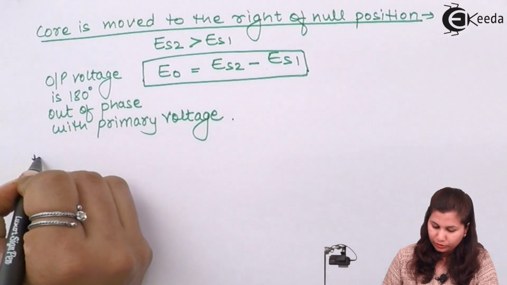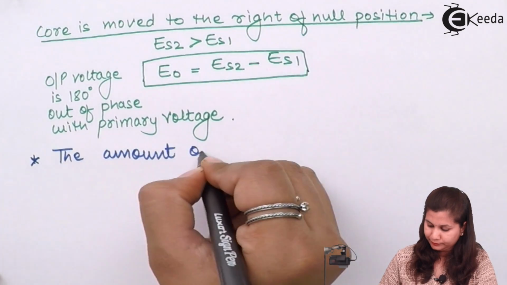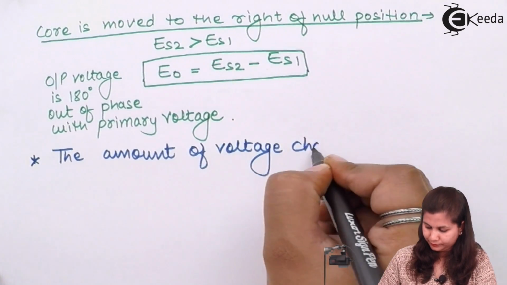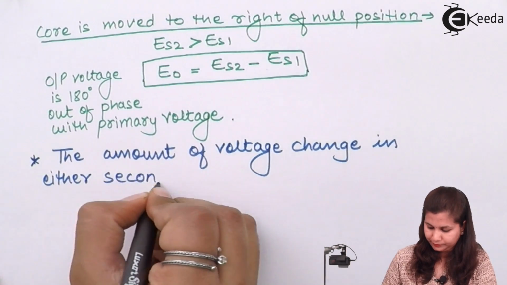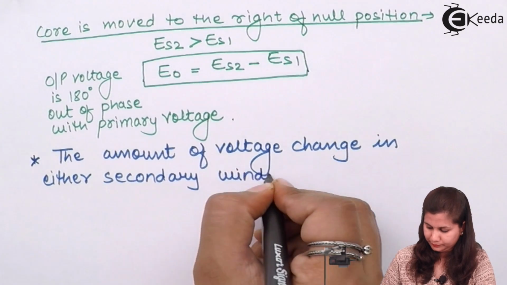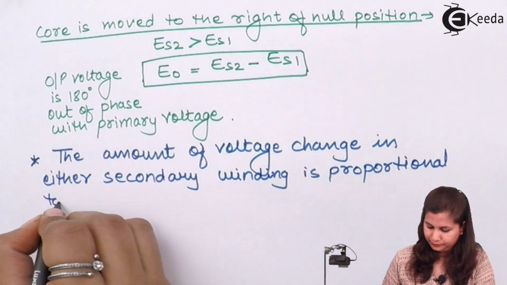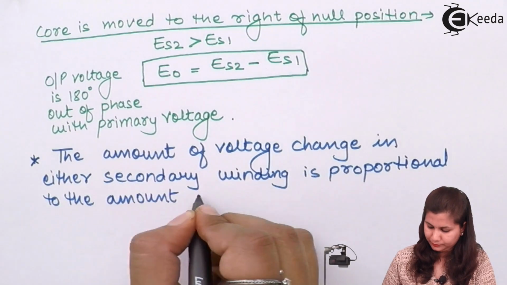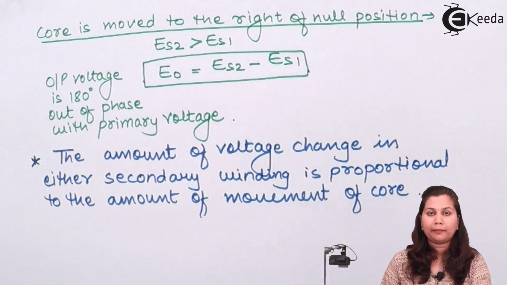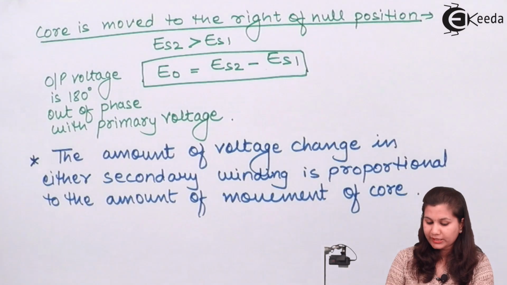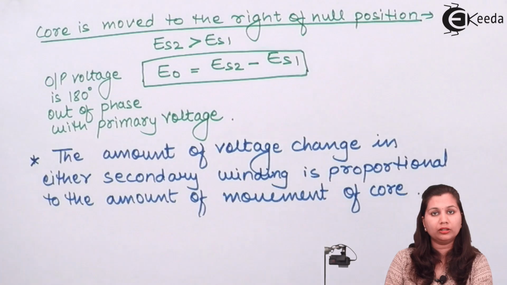So here we can conclude that the amount of voltage change in either of the secondary winding is proportional to the amount of movement of the core.